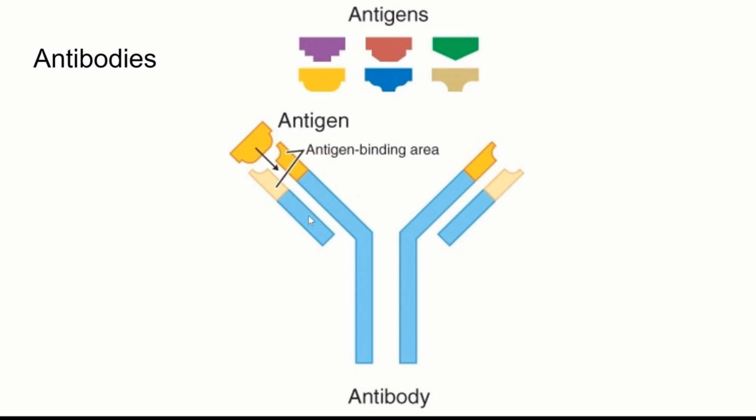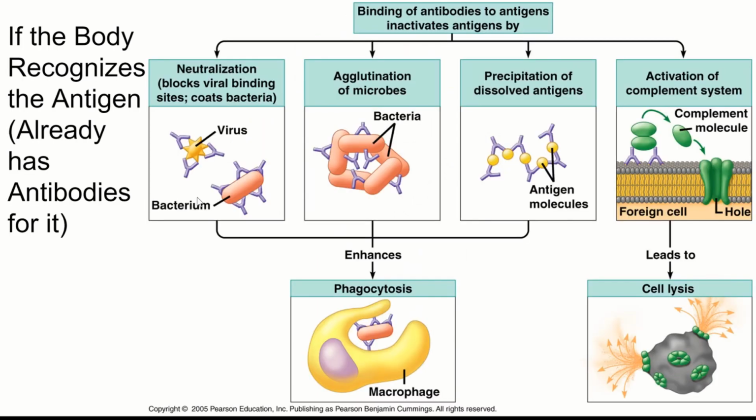So what do we do once we have an antibody that has recognized an antigen? Well, this is where our immune system goes through and attacks that material. And there are several different ways that we can attack that material. So we have neutralization. This is where the antibody surrounds the pathogen.